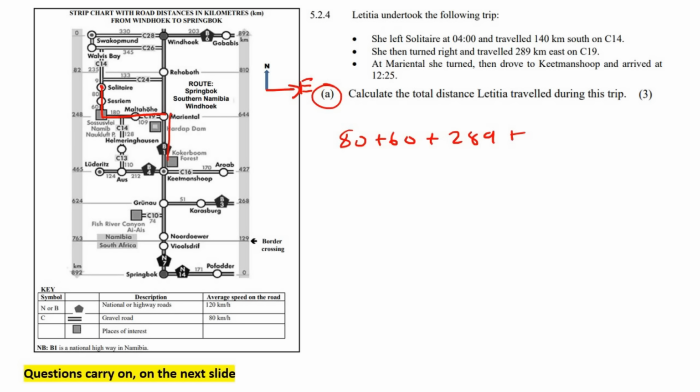Now, to work out that one's distance, you can look at this, which is 644, and this one is 427. So what is the distance between those? You could say 644, take away 427, and that gives you 217. So that's 217. And so that's going to be 646 kilometers.